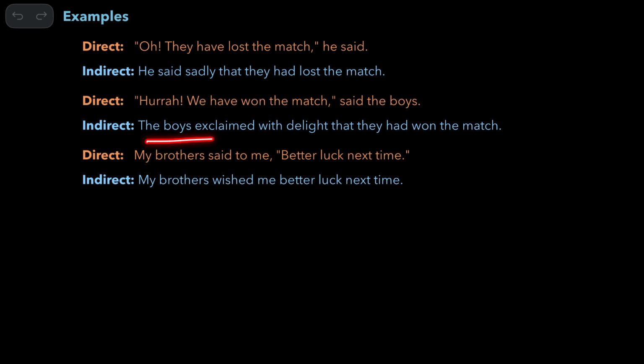The boys exclaimed with delight. So hurrah becomes exclaimed with delight. The boys exclaimed with delight that they had won the match. My brother said to me, "Better luck next time." My brother wished me better luck next time.